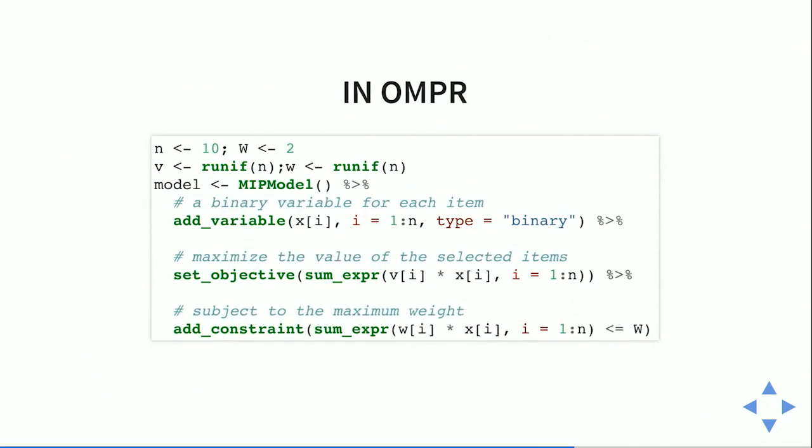And you can naturally express that in ompr using indexed variables, and you can also use parameters from your environment. So here I create an index variable from 1 to n, type binary, and I add a sum expression, vi times xi for all 1 to n, and a second constraint as well. So it gets really quite natural how you can formulate these also kind of larger problems.